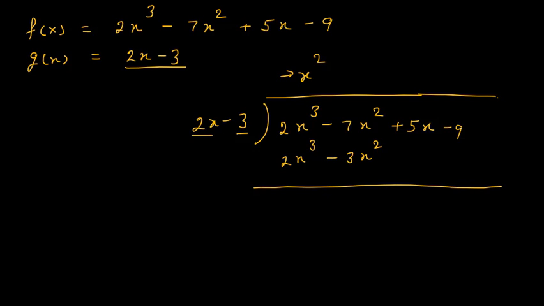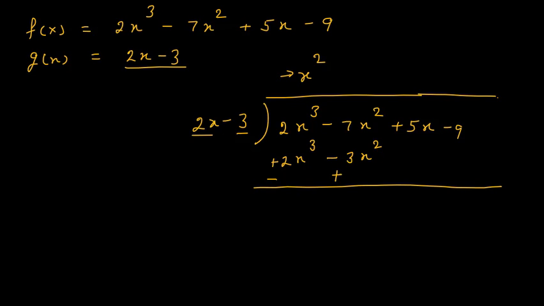Okay, so now I have written this. The next step is what? I have to subtract this. As you know, whenever we have to subtract, we change the sign. This has no sign given, which means it is a plus. So I will change the sign. Here it will be minus, and here it will be plus.